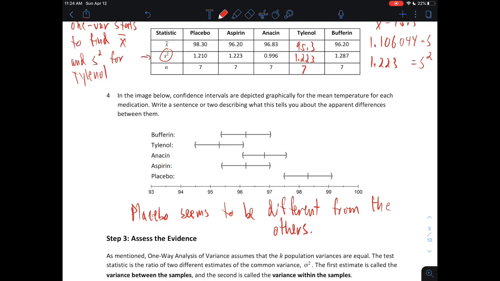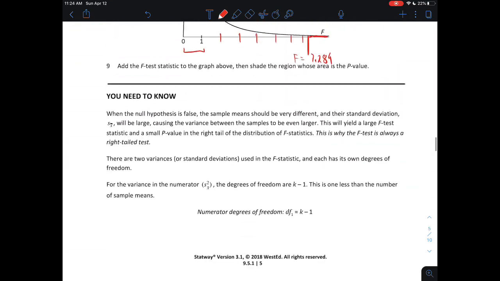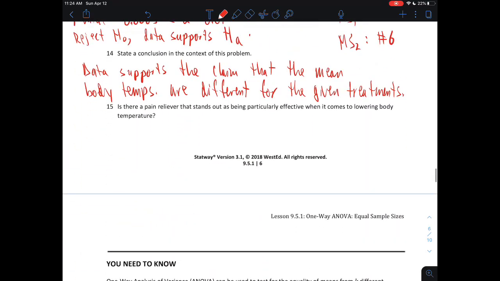The answer for number 15 is they want to know, is there a pain reliever that is effective when it comes to lowering body temperature? So in this case, which confidence interval seems to show a treatment giving lower body temperatures? That would be Tylenol, where you can see its lower bound on the confidence interval is the lowest out of all of them. So for number 15, we would say Tylenol.